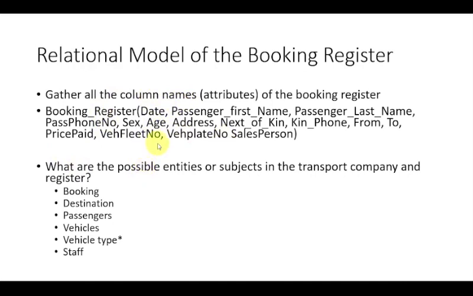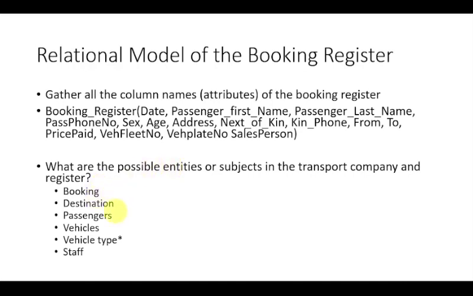Now if we need to be sure what an entity is, an entity is a possible table. In other words, without beating around the bush, an entity is actually a table. All related data will be put together into one table, and we call it an entity. So what are the possible entities or subjects in any transport company, or from the register which you have seen?